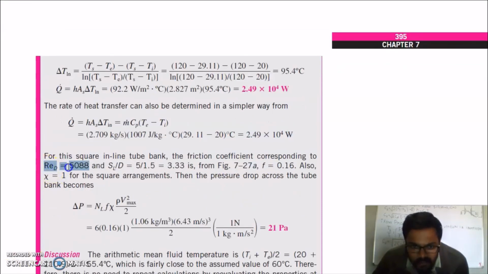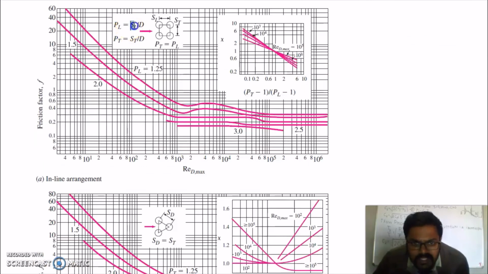We know Reynolds number, we know the SL by D ratio, which is 5 divided by the diameter of the tube, which is equal to 3.33. From this figure, corresponding to these values of Reynolds number and SL by D. So SL by D is 3.33, means your PL is 3.33, which in this case is this.